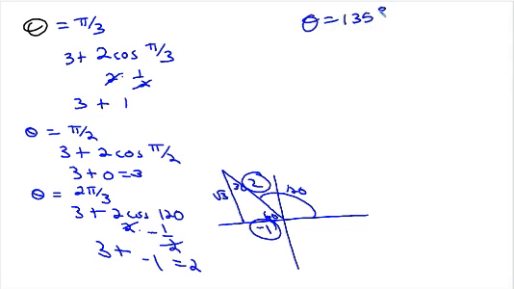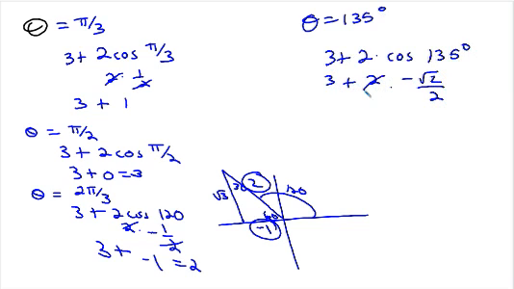If I do 135, all right, so I have 3 plus 2 times the cosine of 135. Well, instead of regular radical 2 over 2, that's going to be negative radical 2 over 2 times 2 plus the 3.